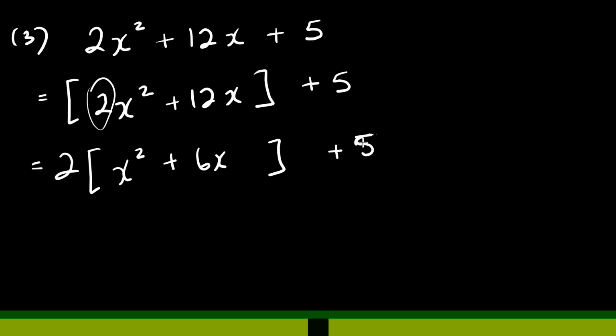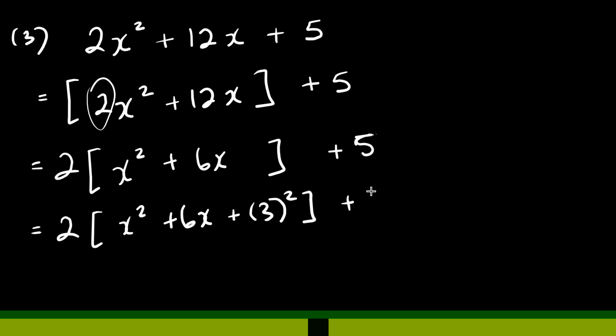This looks like what we're accustomed to. We definitely can, with what is in the bracket, create our perfect square. So in the bracket, we'd have x squared plus 6x plus half of 6, 3 all squared, plus 5. And now it's time to ensure that we're not changing the value of our expression.